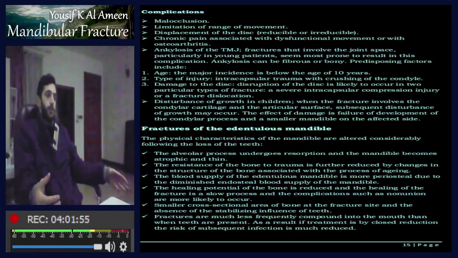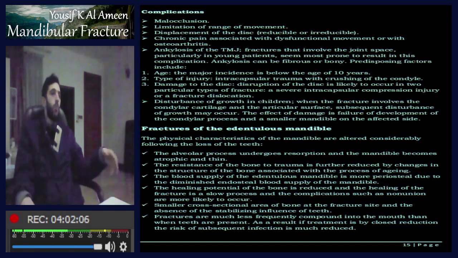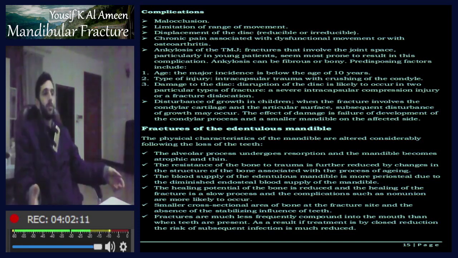Fractures are much less frequently compound into the mouth than when teeth are present. As a result, if treatment is by closed reduction, the risk of subsequent infection is much reduced with edentulous patients.